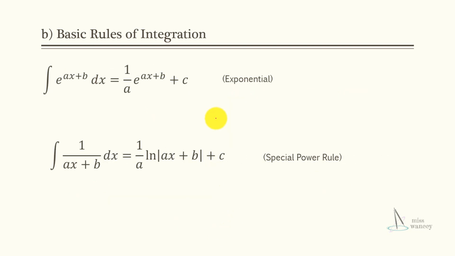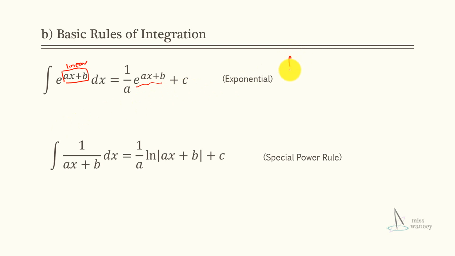Next, this is the rule if we have some exponential function. If we have e to the power of ax plus b, be careful again: the power is also a linear power. It will become 1 over a, copy down the exponent, and then plus c.